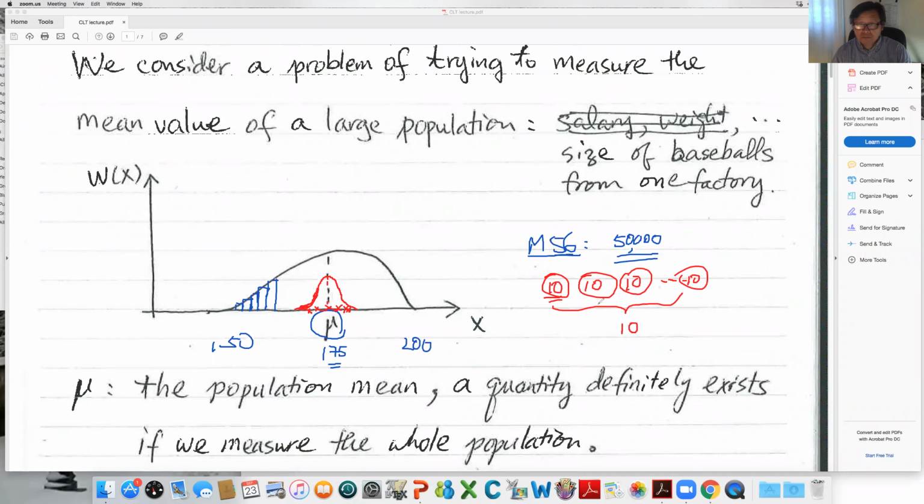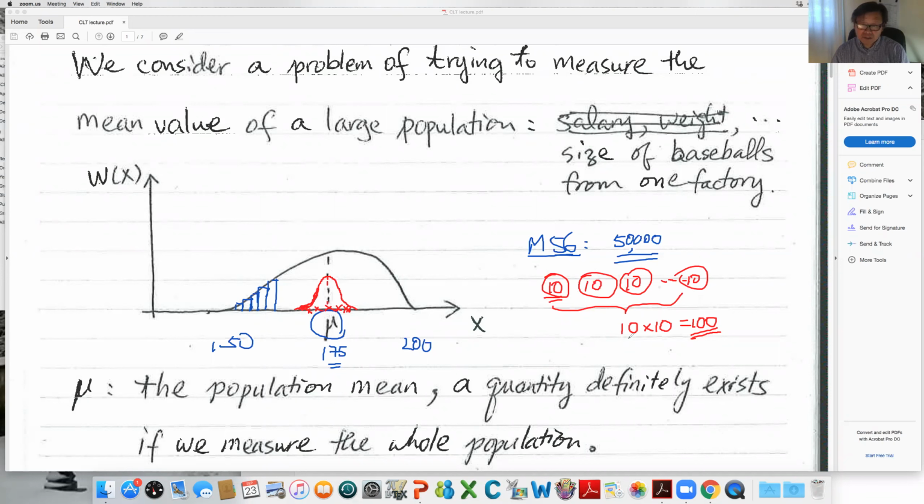So I take a random sample of 10, another random sample of 10, another sample of 10, and I do this 10 times.